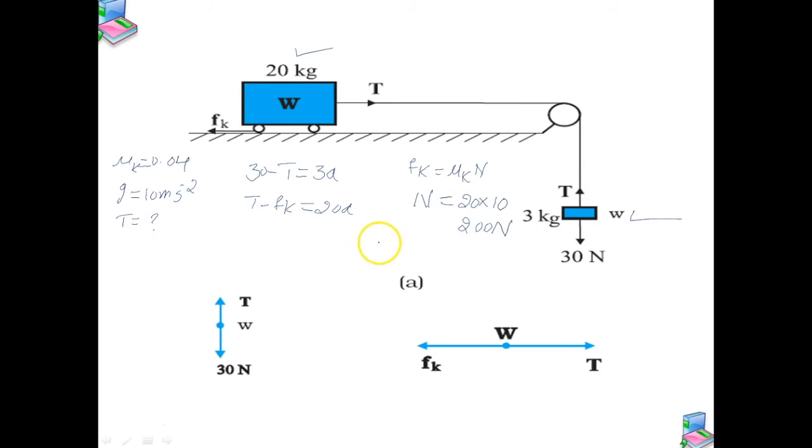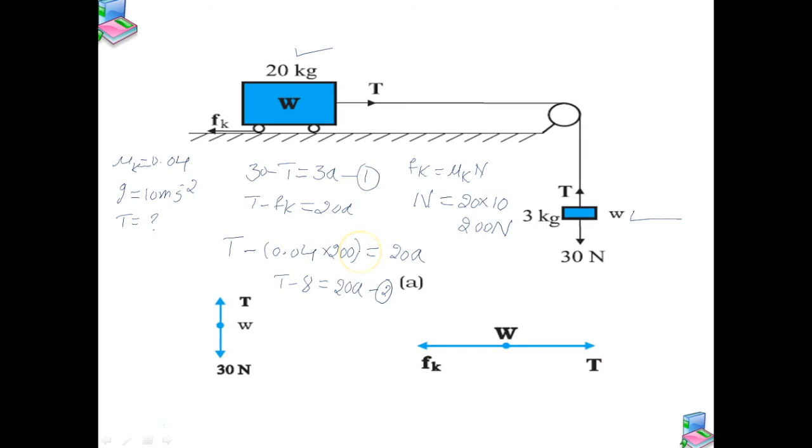Thus the equation for the motion of the trolley becomes T minus Fk, that is 0.04 into 200, equal to 20a. After simplifying, we get T minus 8 is equal to 20a. So this is one equation and the first equation is here.